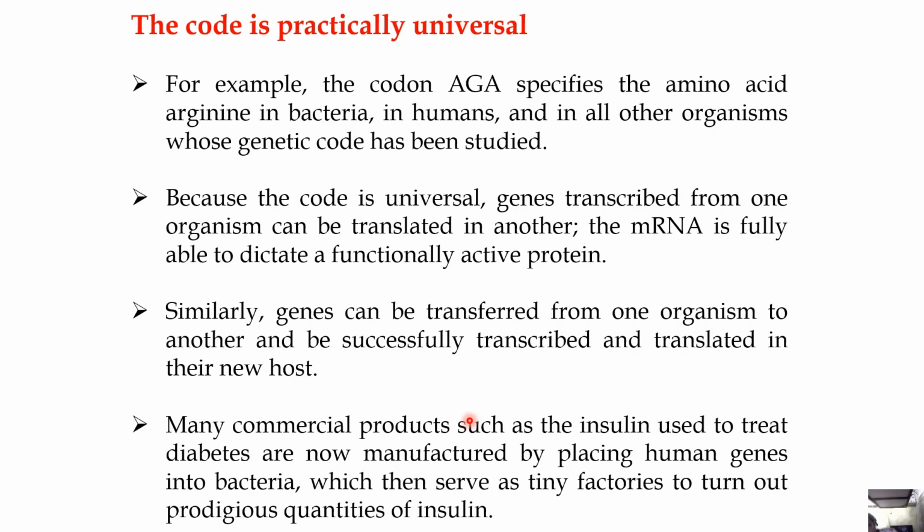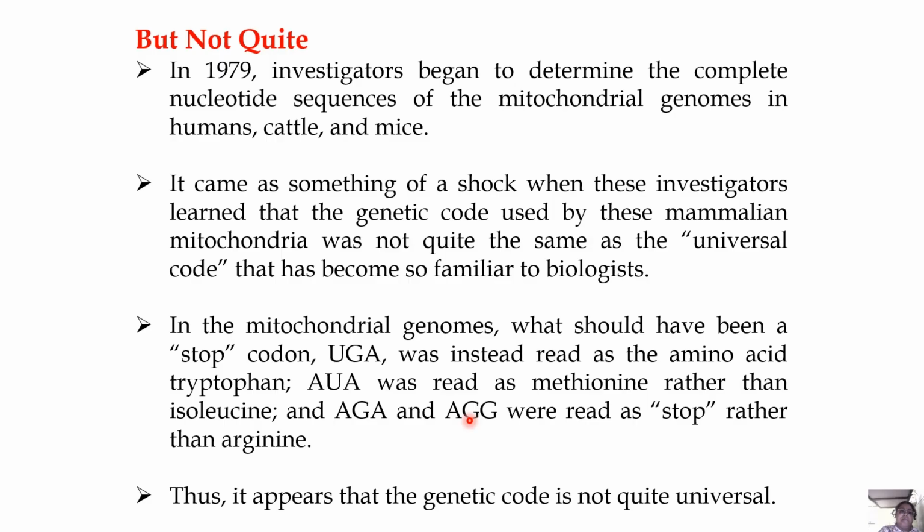Because the code is universal, genes transcribed from one organism can be translated in another, and the RNA is fully able to specify a functionally active protein. Similarly, genes can be transferred from one organism to another and successfully transcribed and translated in the new host. Many commercial products such as insulin used to treat diabetes are now manufactured by placing human genes into bacteria, which serve as tiny factories to turn out prodigious quantities of insulin.